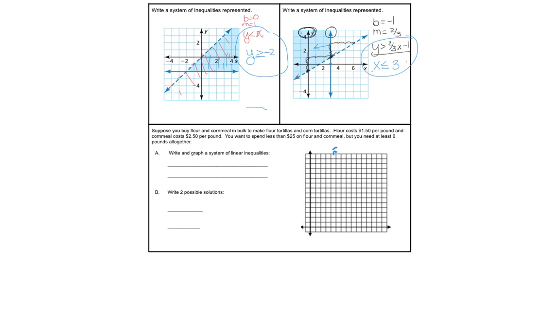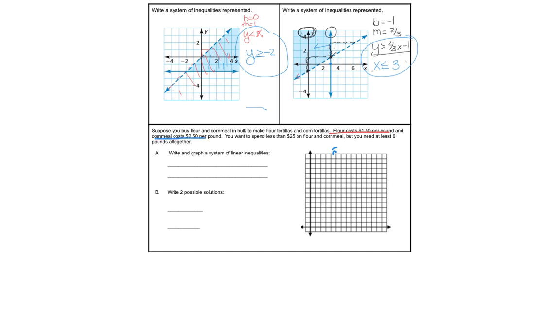All right, suppose you buy flour and cornmeal in bulk to make flour tortillas and corn tortillas. Flour costs $1.50 per pound, and cornmeal costs $2.50 per pound.